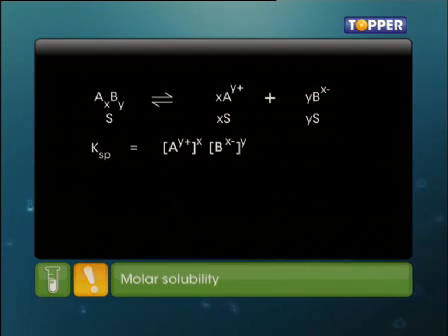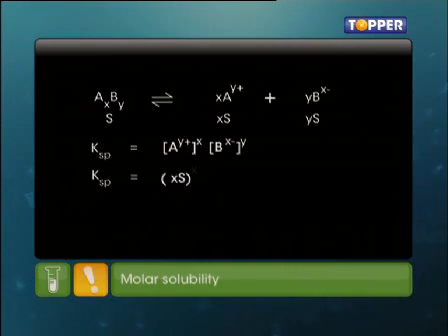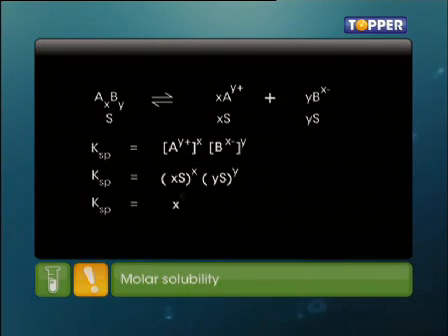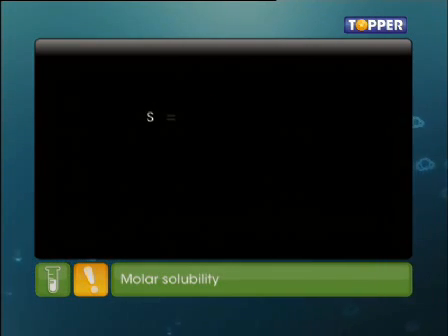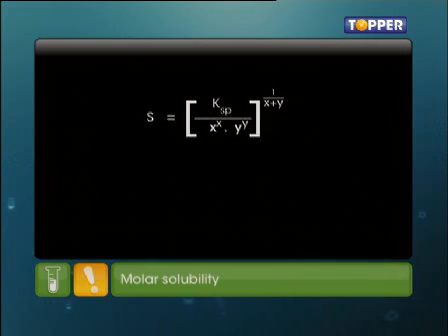Substituting the values in the expression of solubility product, we get Ksp as the product of xS raised to the power x and yS raised to the power y. Solving this, we get the value of S as given by this expression.